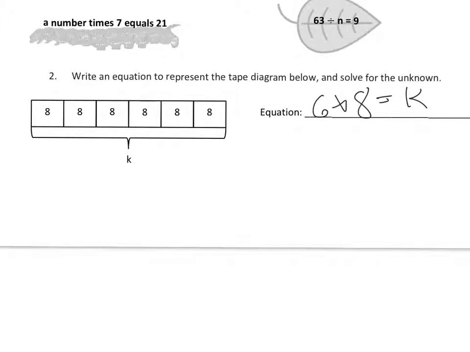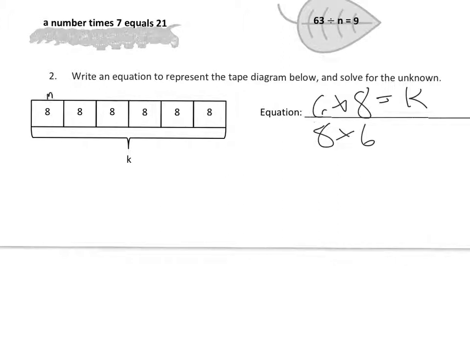Now, to solve 6 times 8 equals k, you could use the distributive property and break up the 6 into 5 and 1. Or, if you need to, you could do 8 times 6, if that helps you. I'm going to count by 8s here since I have the tape diagram.